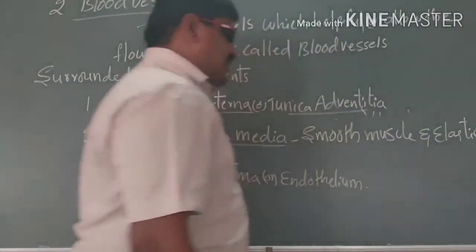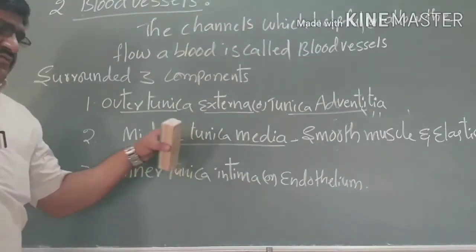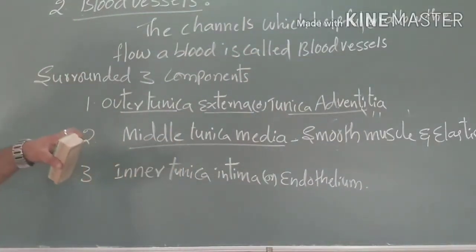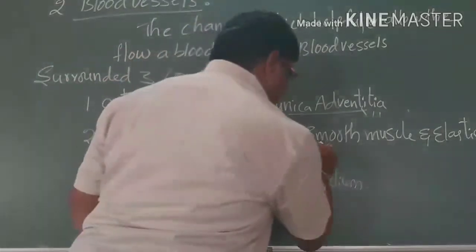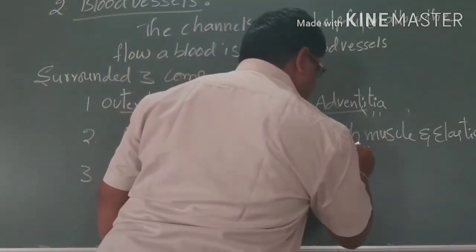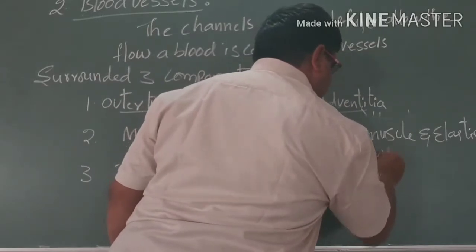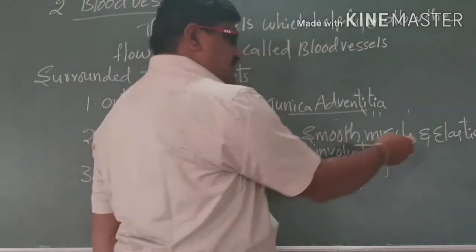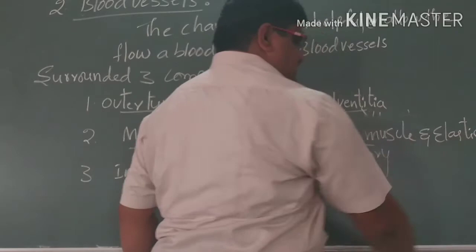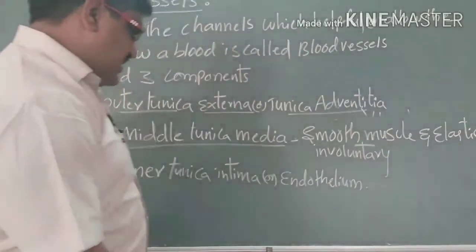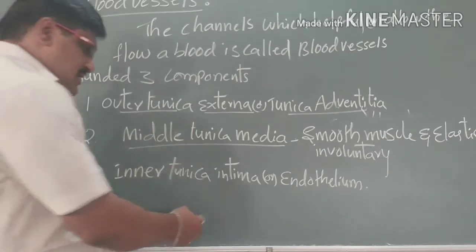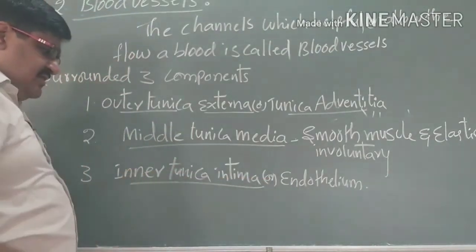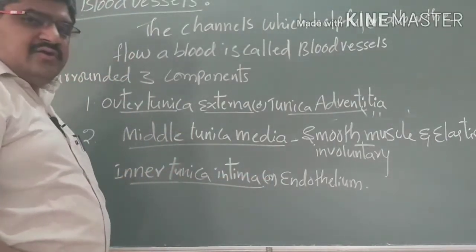This is a layer that consists of smooth involuntary muscles, and it also consists of elastic fibers. Such a layer is called the tunica media.